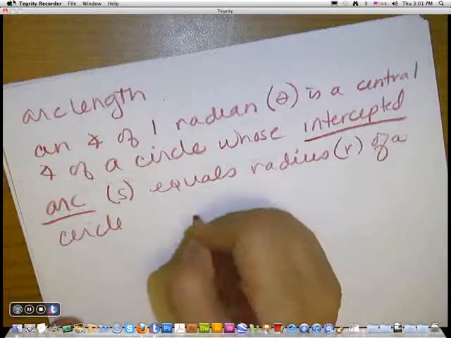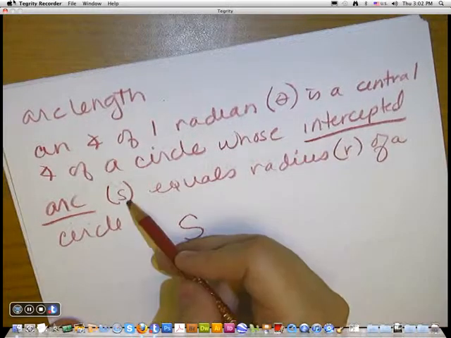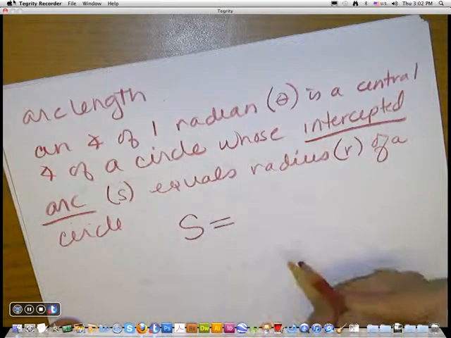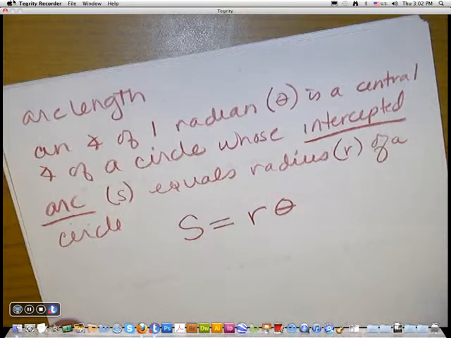So what that all says in formula is that the intercepted arc is equal to the radius times theta.